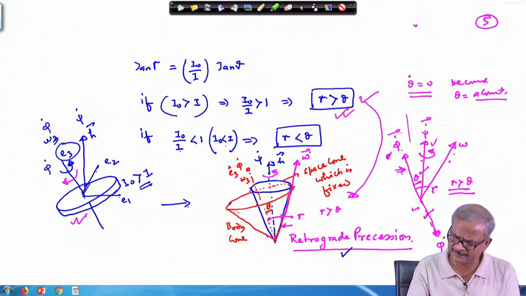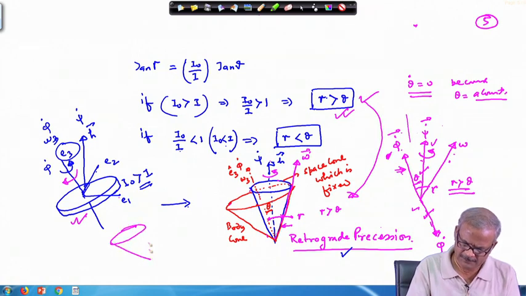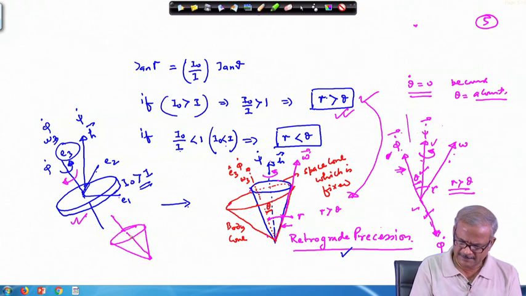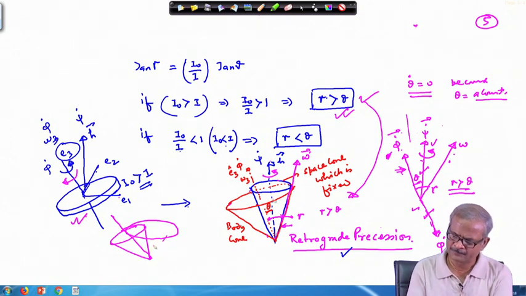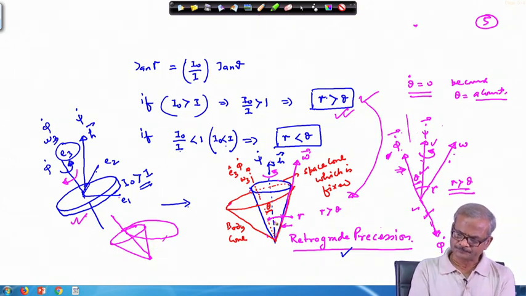You can see that the motion appears like the motion of a top. This is the outer cone, and it is revolving like this. The center of this cone will go in a circle like this. It is right now here, sometime afterwards it will come here and so on.